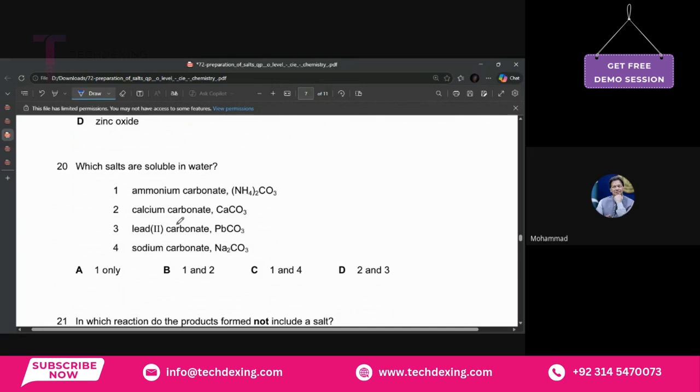Ammonium carbonate is soluble. Very good. What about calcium carbonate? Insoluble. What about lead carbonate? Insoluble. And sodium carbonate? It is soluble. Very good. All the ammonium, sodium, and potassium salts are soluble. So options 1 and 4 are correct. The correct option is option C.